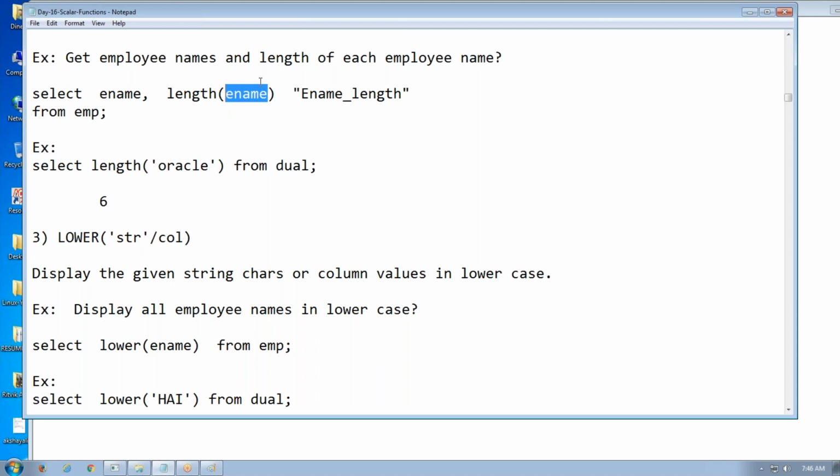Be careful. Don't use single quotes for the column name, and you should use single quotes for a value. So you can find out the given string length as well as each value length from your column by using the length function.